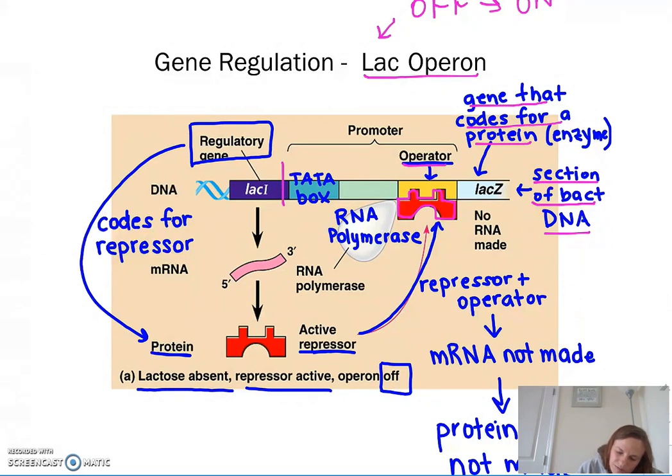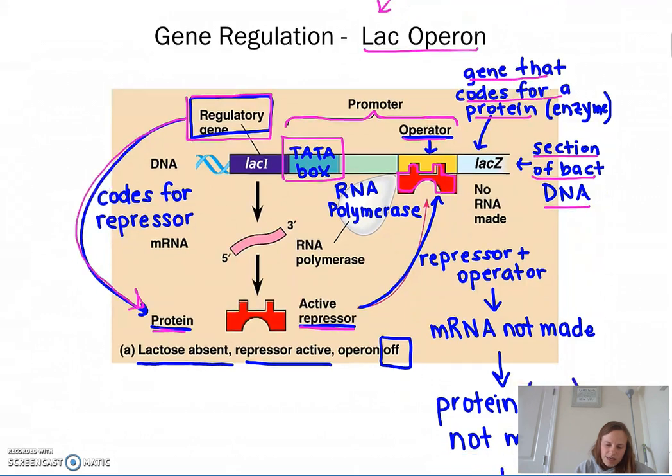You've got your TATA box, which is where your RNA polymerase is going to bind, and taken together, these are found within the promoter region. You've also got a regulatory gene located upstream, and what this regulatory gene does is it codes for a protein. In this case, the protein is the repressor.